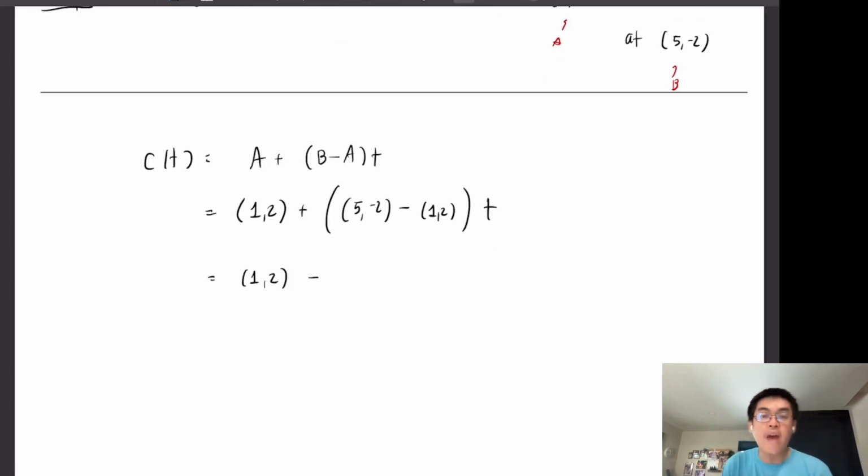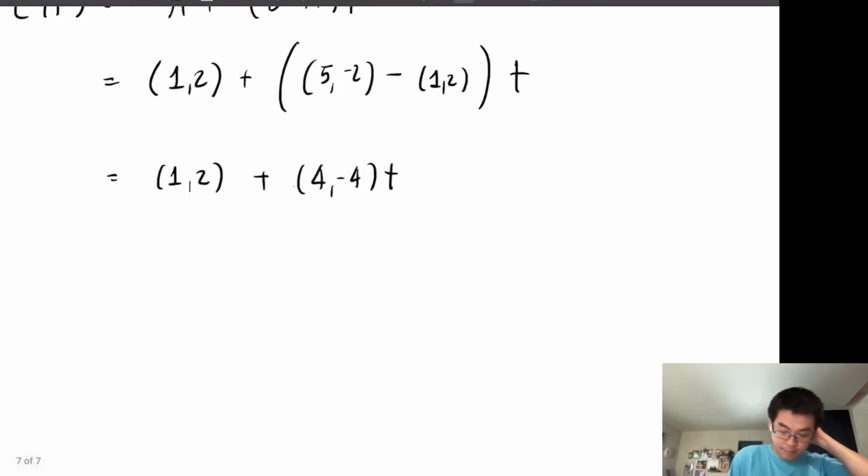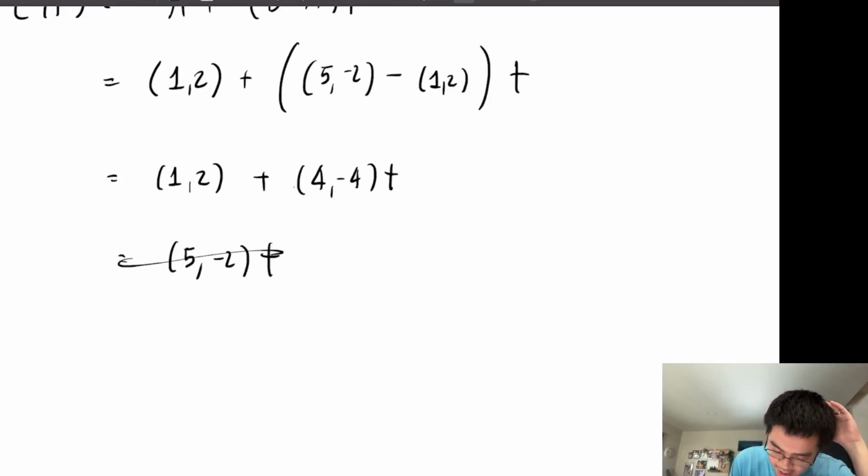So you get (1, 2), and then you subtract and add vectors, just like we did in the first half, right? So 5 minus 1 is 4, and then minus 2 is minus 4. Oh, no, sorry.